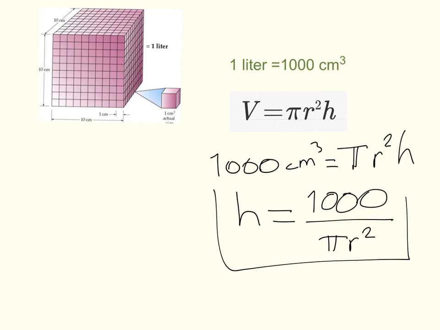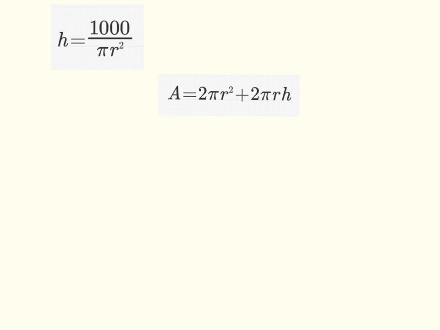And once we have h, we can substitute h in the formula of the area in order to have a function in only one variable. So now we know that the height of the cylinder will be 1,000 cubic centimeters over pi times radius squared.